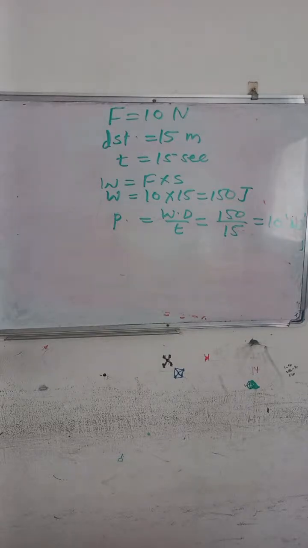Write down the next question. If 1 Newton of force displaces a body of 1 meter, the work done is: first option 10 joule, 5 joule, 1 joule, and depends on the time.